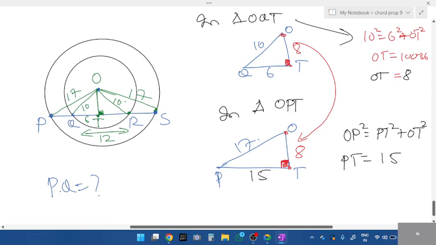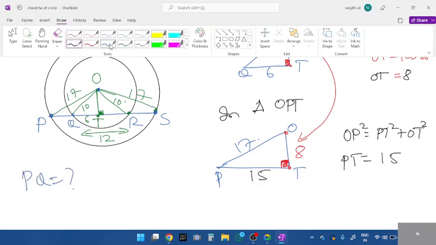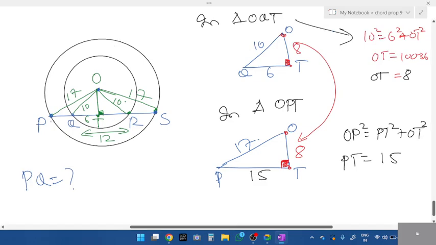Now if you want to find PQ, where will PQ lie, students? In OT or PT? Look at the diagram and tell me. In PT, right? I'm going to take PT separately.